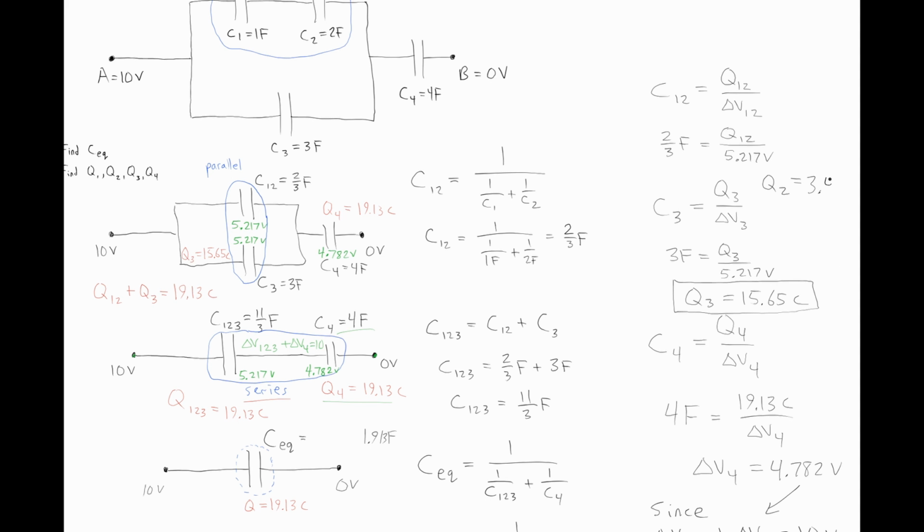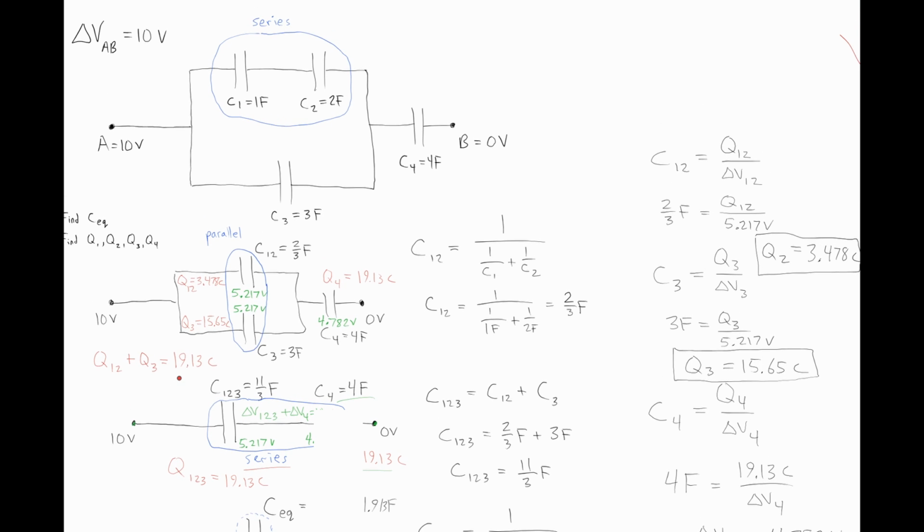I get 3.478 coulombs. And you just want to check that Q12 plus Q3 really adds up to 19.13.